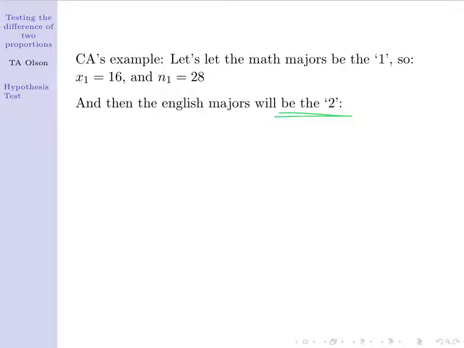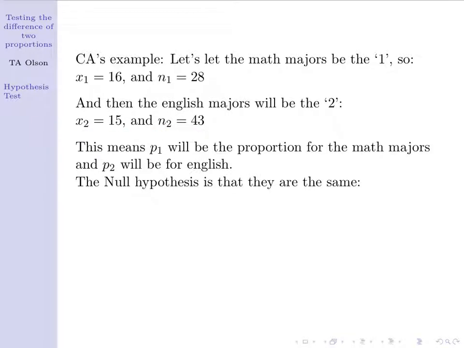So there we have 15 yeses out of 43 friends. Since 1 is our math majors, our P1 is going to be our proportion of math majors that play musical instruments. And P2 is going to be the proportion of English majors that play musical instruments.